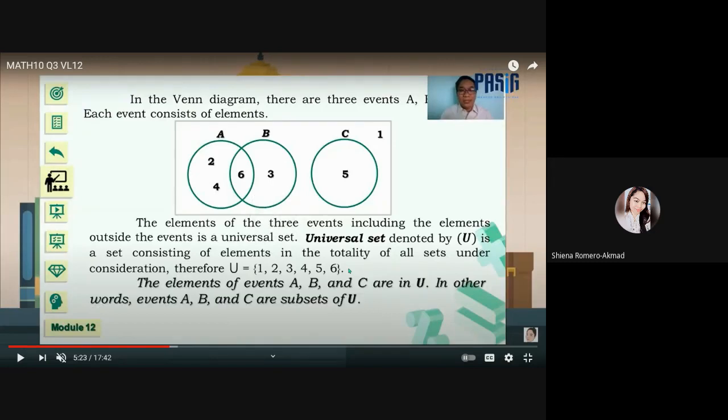The elements of events A, B, and C are in the universal set. In other words, masasabi natin na subset sila ng universal set. Tinuro na rin to sa inyo when you were in grade 7, yung universal set, yung sample space ngayon.